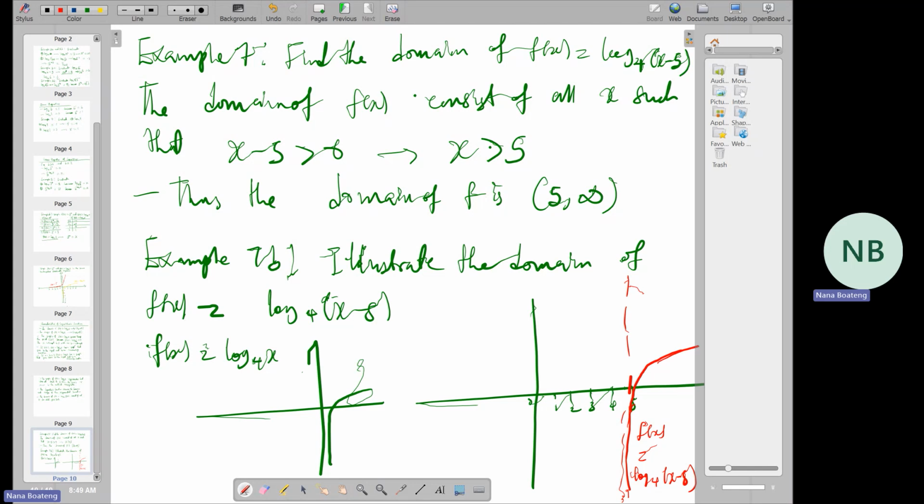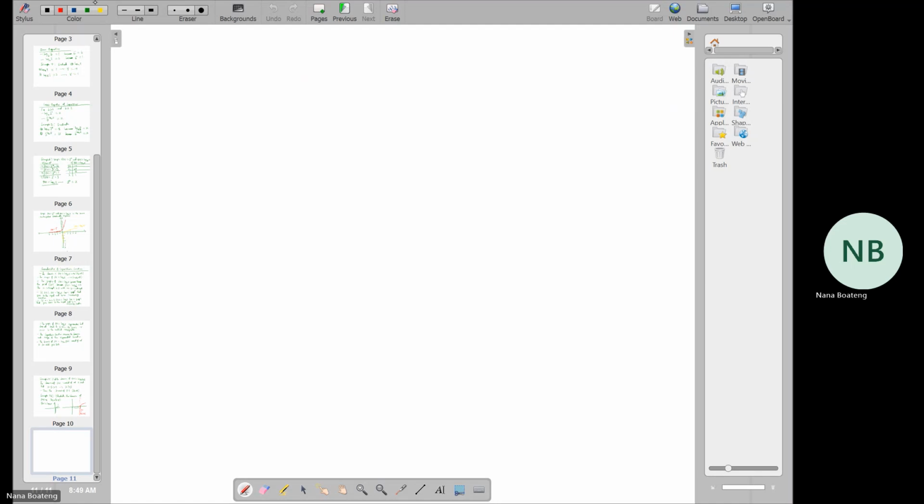All right, so let's look at some common logarithms. Whenever we have a log to the base 10, we typically do not write the base 10.